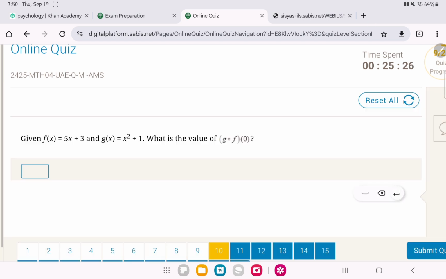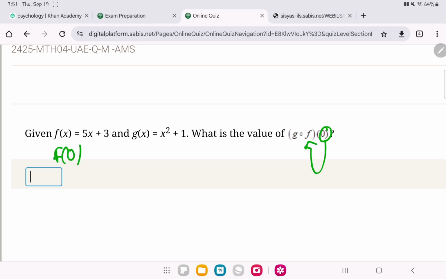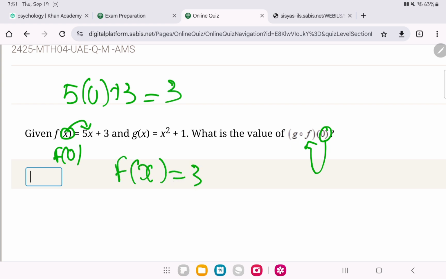Now question number 10. We said whenever we see g round f and then something, we're gonna do it from the right to the left. So we're gonna start with the 0. The 0, we're gonna replace it in the f. So go to f and replace it with 0. That means for every x, we are gonna put 0. So 5 times 0 plus 3 is gonna give us 3. That means our f(x) is equal to 3.